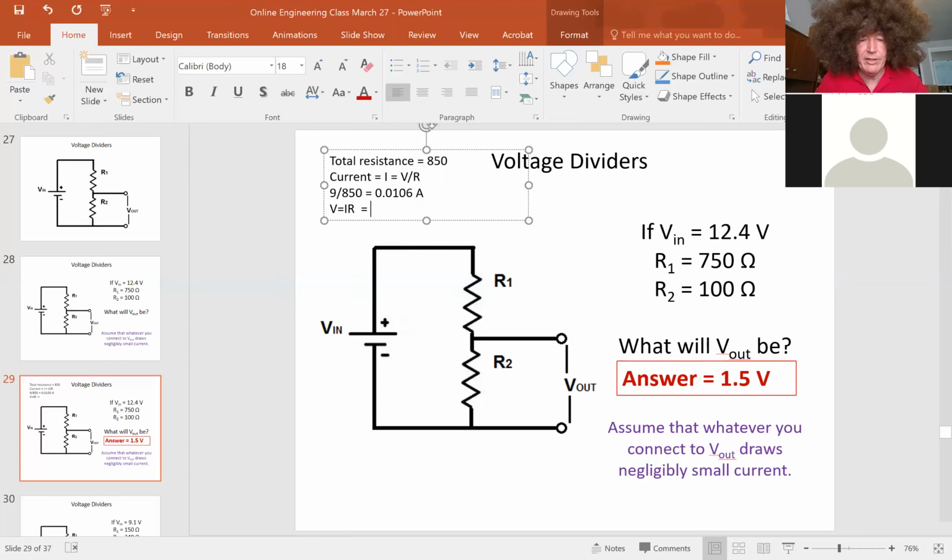Okay, so now I know the current is 106 times the resistance. And so I'm interested in R2. I want to know the voltage across R2, and the value of R2 is 100 ohms.